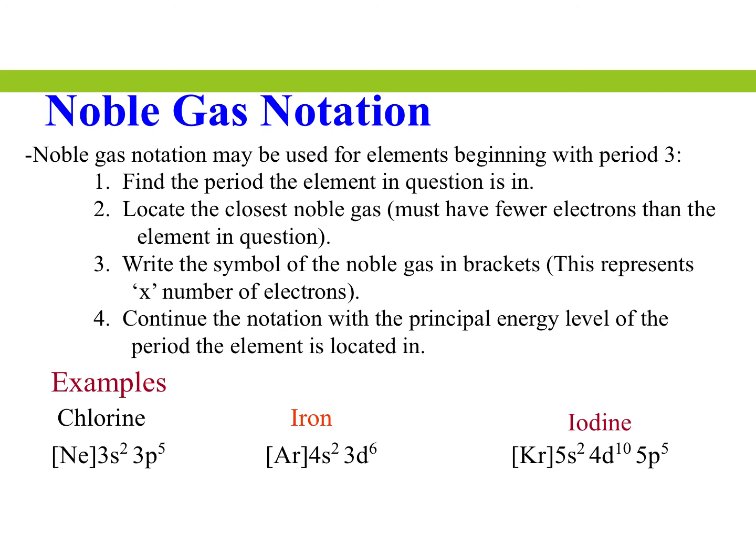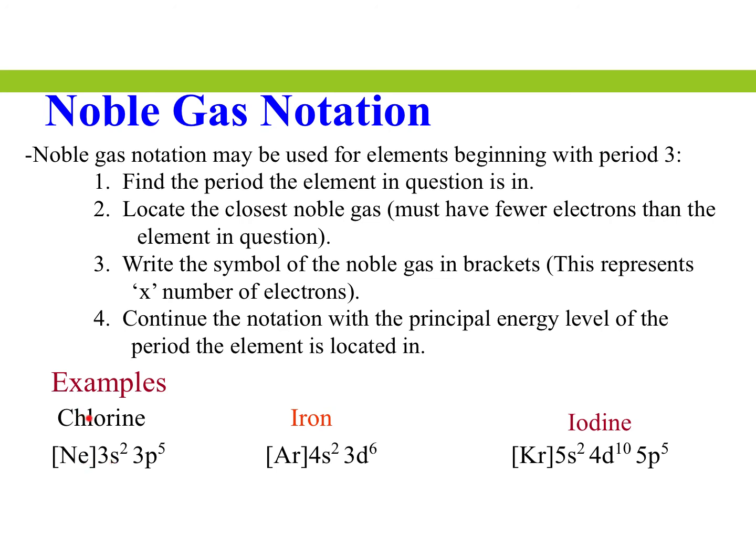The far right. So like helium, neon, argon, krypton. You find the noble gas that's closest to the element. However, it has to come before the element, so its atomic number has to be lower. You can put that noble gas in brackets, and that's replacing the electron configuration of the noble gas. So then you just write everything that comes after the noble gas.